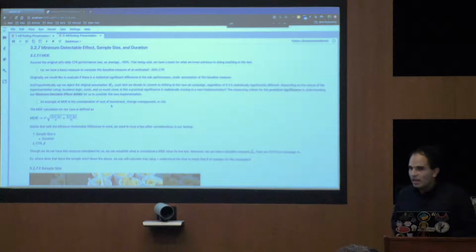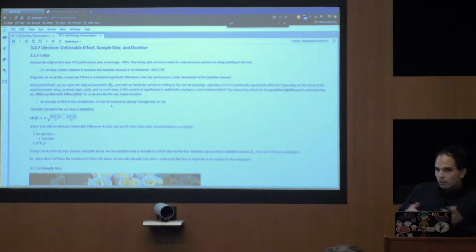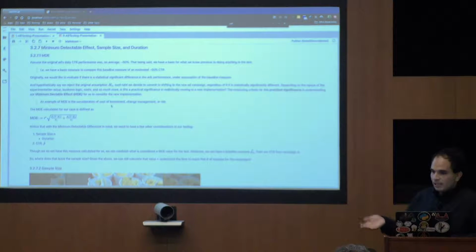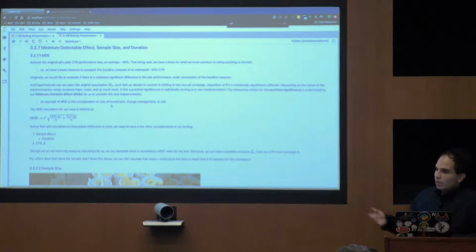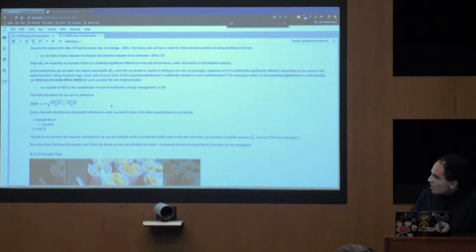The more data you have, the more power you have in your test, which is: if we're still under the impression that there is no difference between two groups, but there actually is a difference and that's truly the case, then we've gained more power with more samples.